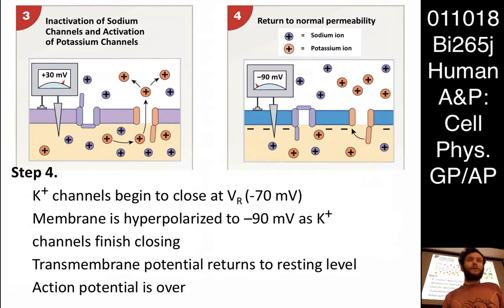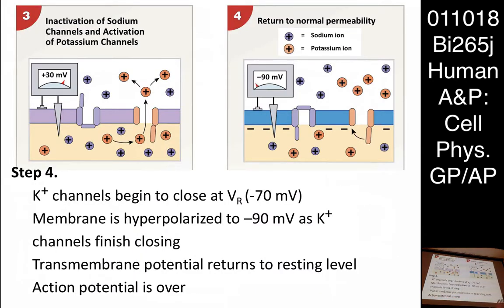Now, we are at a more or less normal transmembrane potential. Not exactly. We're a little bit far away from it, like 20 millivolts negative. We'll get back to normal here in a bit.